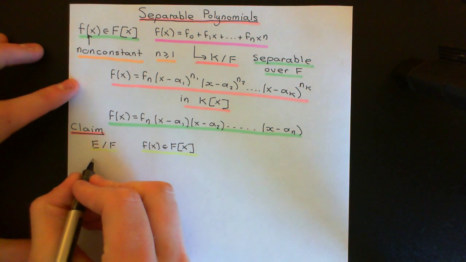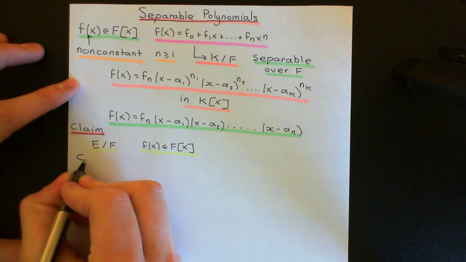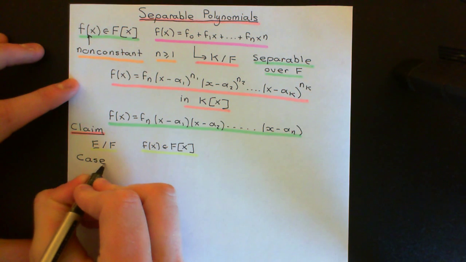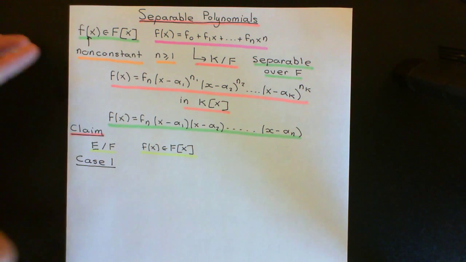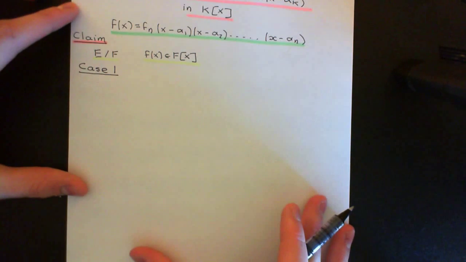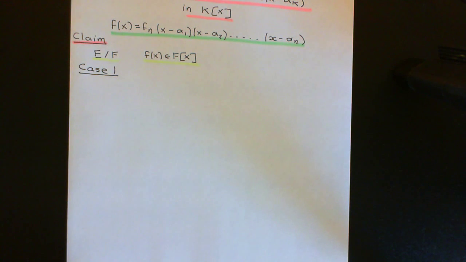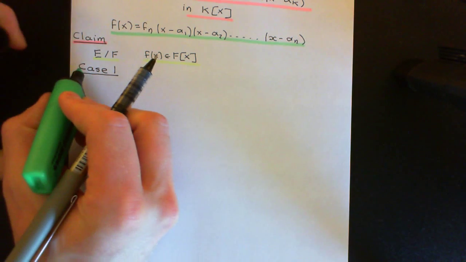So there are two cases here. The first case is that the field extension that we've generated of f is not a field extension over which the polynomial completely splits.